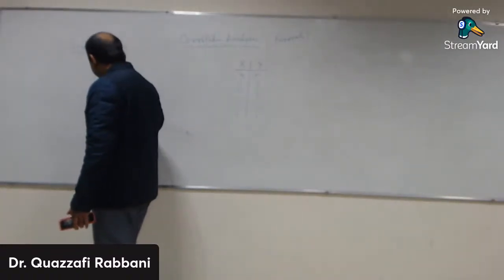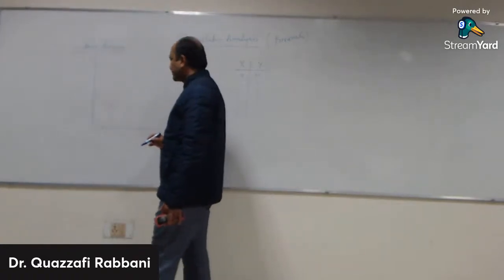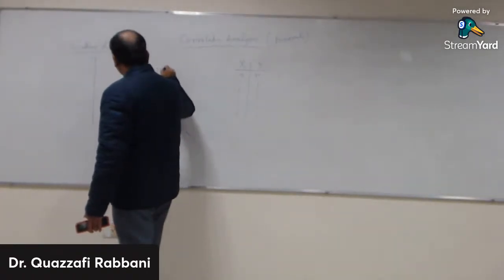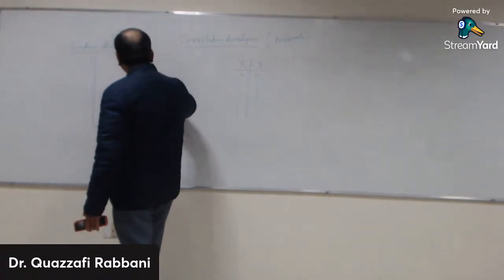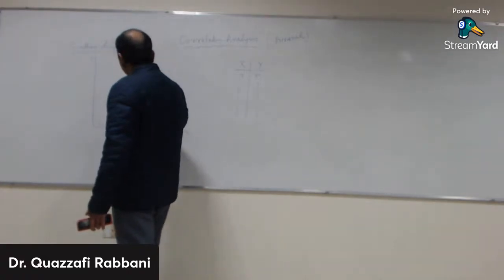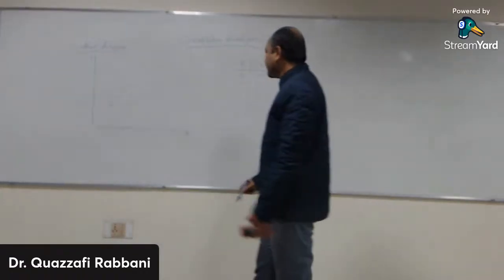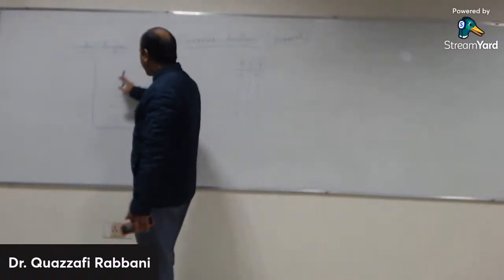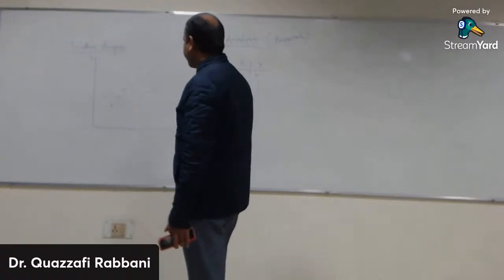The corresponding point is like this here, and another point is like this. This is not a straight line but a scatteredness. If we plot all the corresponding values of x and y, we see a scatter plot like this.